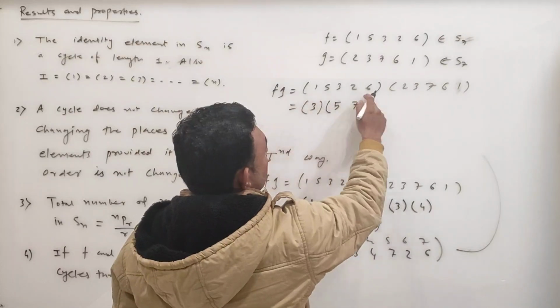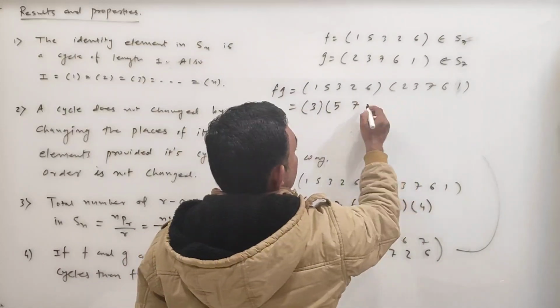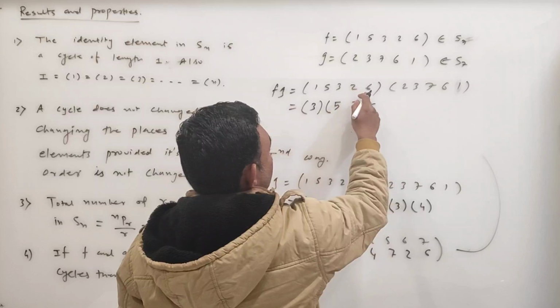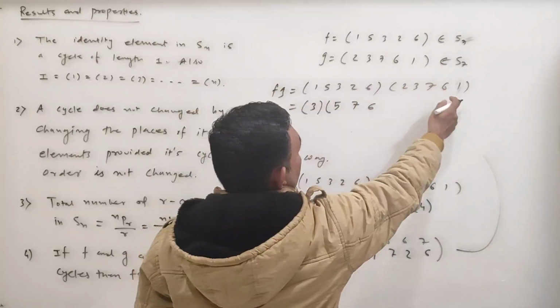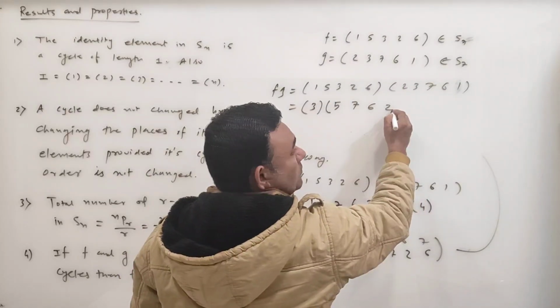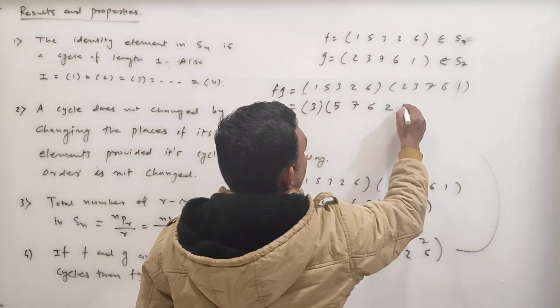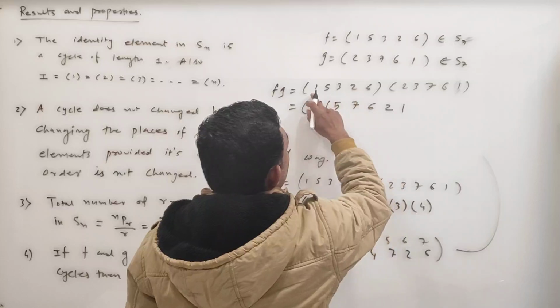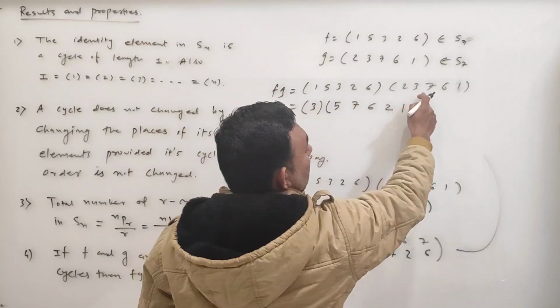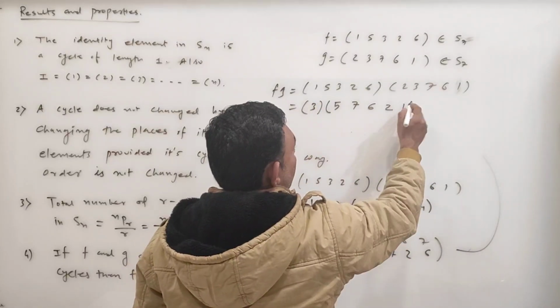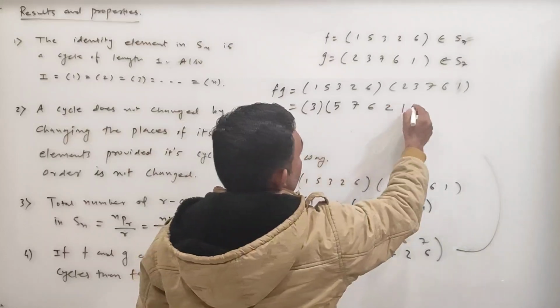Here 7 goes to 7. Here 7 goes to 6. 6 goes to 1, and here 1 goes to 2. 2 goes to 6, and here 6 goes to 1. Now 1 goes to 5, and here 5 goes to 5. So 5. So we had started with 5. So you stop.